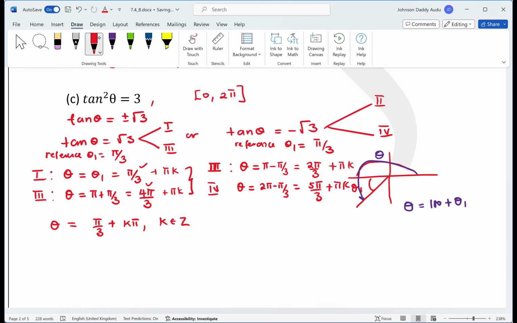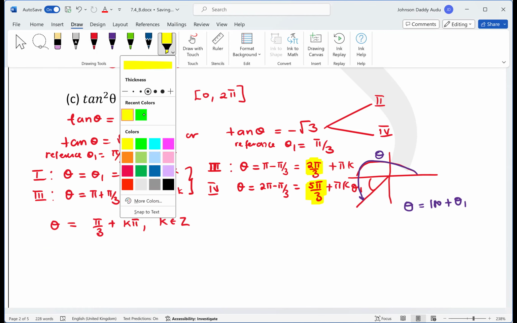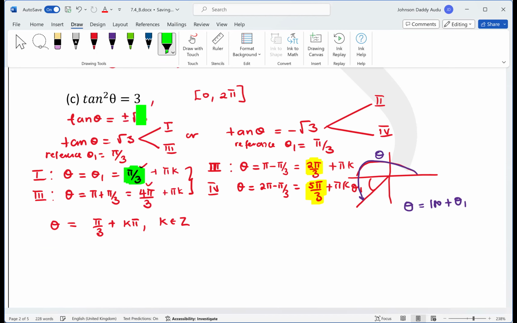Then consider these two, the ones coming from quadrant 3 and quadrant 4. I'm talking of these two here, while here we talked about pi over 3 and 4 pi over 3. So these two, you can just write as this one, k pi. But for these two, you see also the difference is just pi.